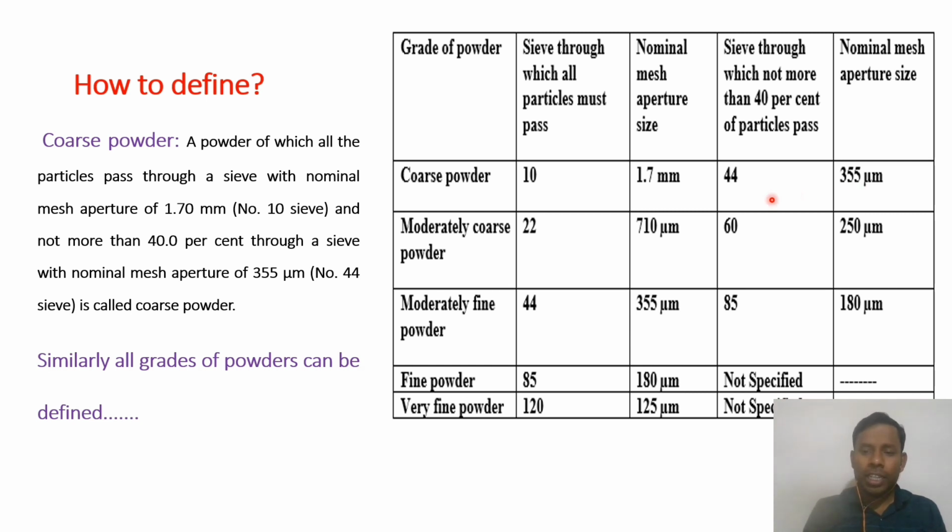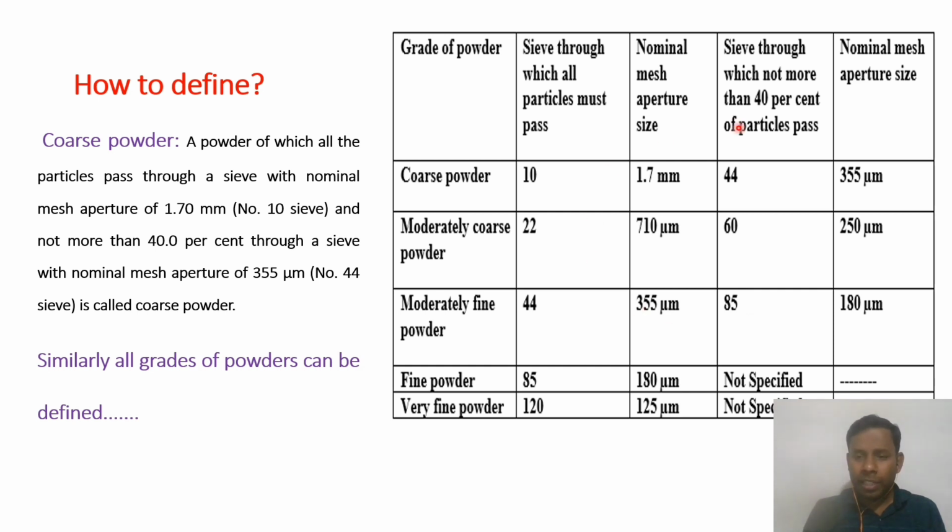Similarly, we can also define other grades of powder. For example, moderately fine powder. How can we define it? A powder of which all the particles pass through a sieve of nominal mesh aperture size 355 micrometer, means sieve number 44, and not more than 40% of particles pass through a sieve with nominal mesh aperture size 180 micrometer, means sieve number 85, is called moderately fine powder.